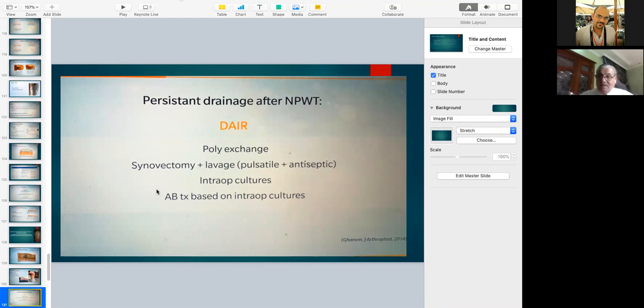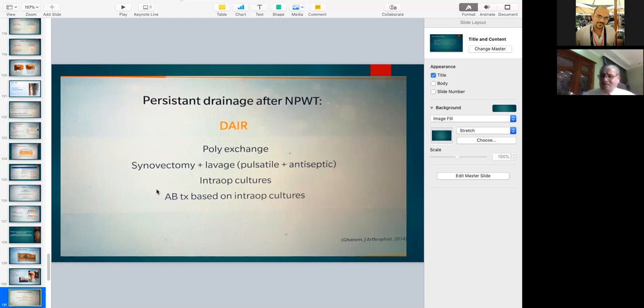Debridement, antibiotics, and implant retention. This means poly exchange, synovectomy, and lavage. You take an intraoperative culture if there are biofilms, and give antibiotics based on the intraoperative culture. If you can, get a frozen section.